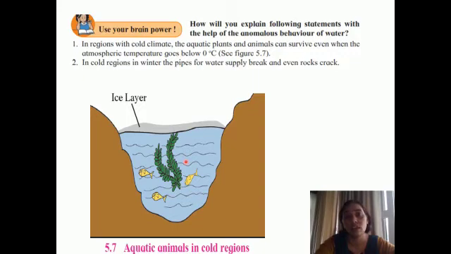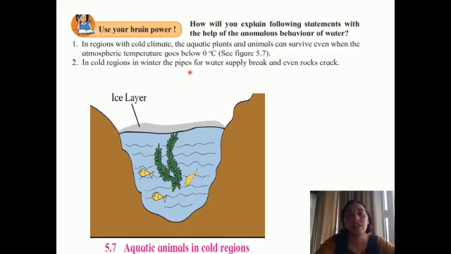Second question: in cold regions in winter, the pipes of water supply break and even rocks crack. So underground pipelines for water are laid down, but in cold countries, the temperature falls very low, and so the water in those pipelines starts behaving anomalously, and water starts expanding instead of contracting below 4 degrees Celsius.